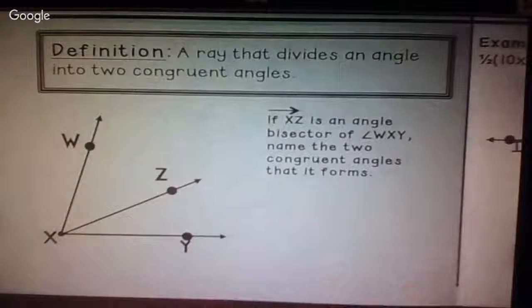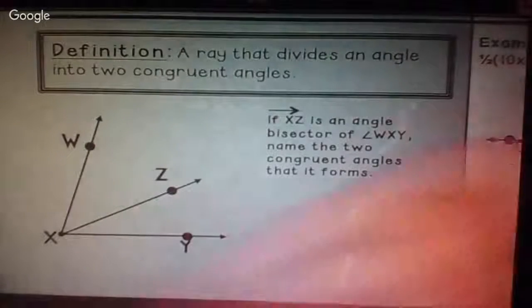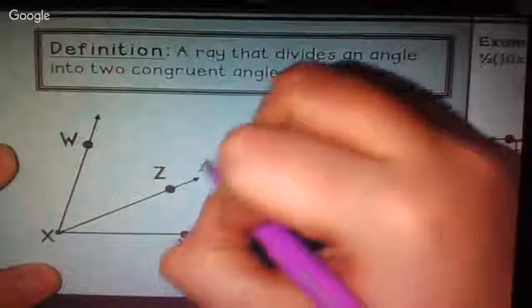Okay, so an angle bisector is a ray. A ray is something that has a dot at one end and an arrow at the other. It is a ray that cuts an angle into two congruent angles. So XZ, this is your angle bisector.